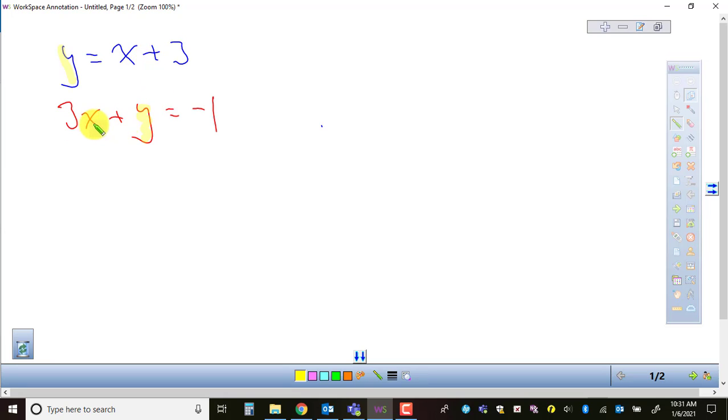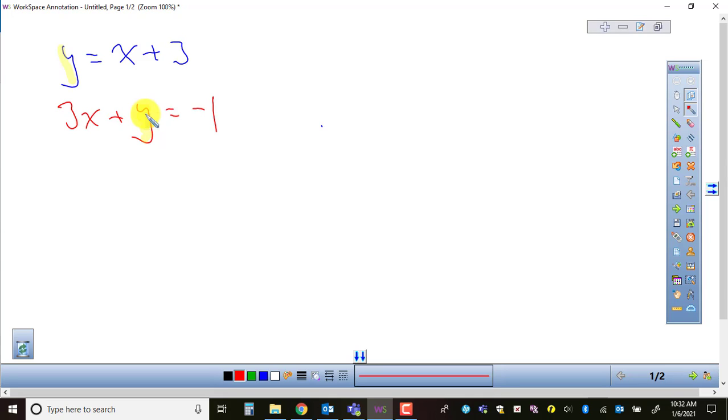If I'm trying to solve an equation with two variables in it, it's much more difficult, right? It would be much easier for me to solve this equation if it had a single variable. And by replacing y with x plus 3, I'm going to have only one variable in this second equation. I'm going to have the variable x. I'm not going to have two different variables. So that's the first step in using substitution, is to actually substitute something in place of this y.